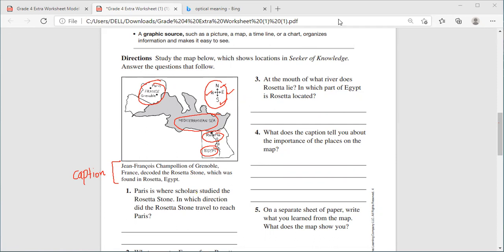Going down to the questions, as you know, Paris is where scholars studied the Rosetta Stone. Yes, that's true. In which direction did the Rosetta Stone travel to reach Paris? From here to here. In which direction did it go?